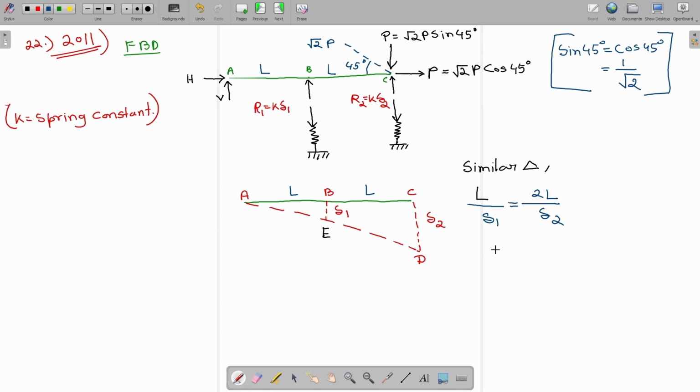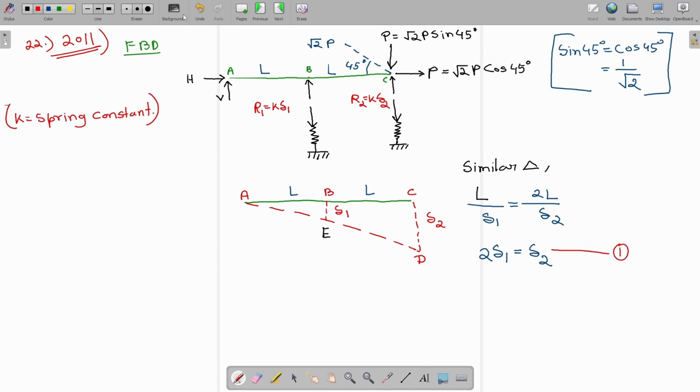Therefore, 2 delta 1 is equal to delta 2. This is equation number 1.